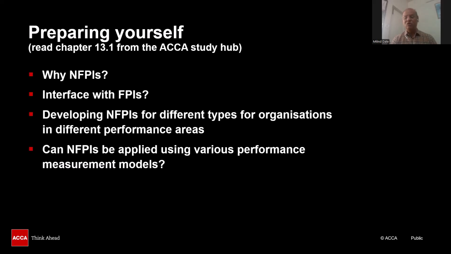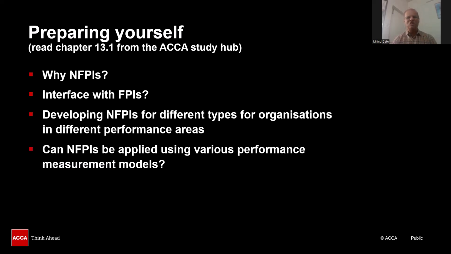So you need to understand that NFPIs will talk about the why part of the business problem. Financial performance indicators measure the outcomes, but NFPIs will help you understand what the drivers of performance are.